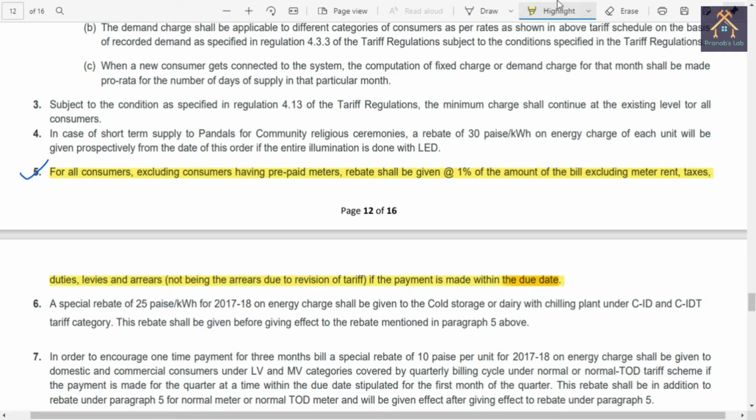That means you can get a 1% discount or rebate on your total bill amount excluding the meter rent, taxes or other duties applied on your bill.